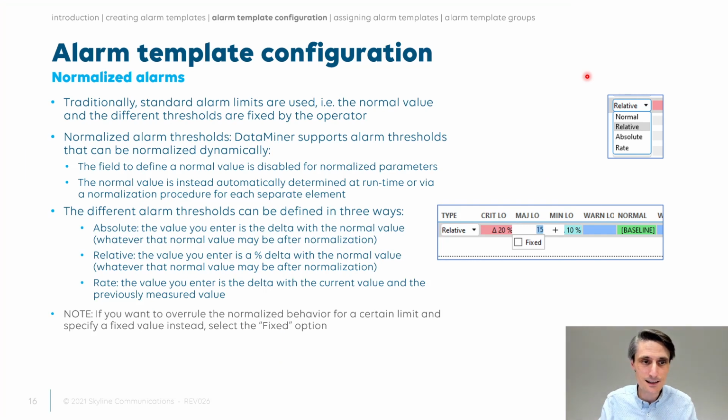Now, let's recap that. Next to the normal thresholds, where you define fixed thresholds for all your elements, we have the possibility to go for relative or absolute: relative in percentage and absolute in real values, a deviation from a normal expected value. And the normal expected value, you define that for every single element in your DataMiner system that is using this alarm template.